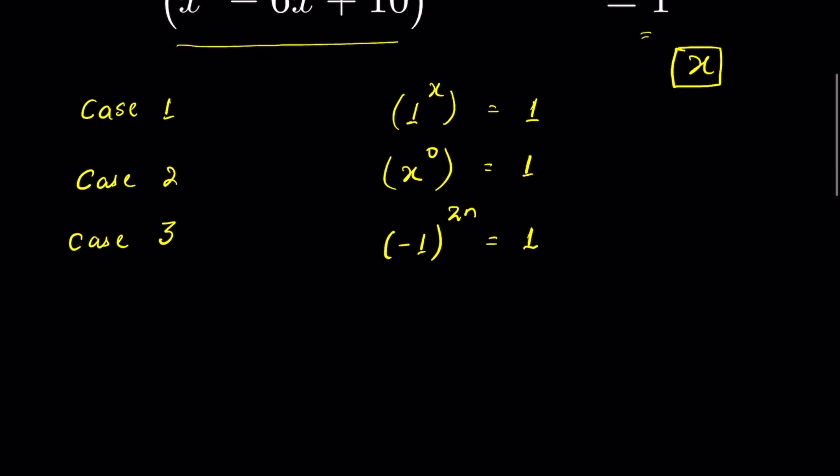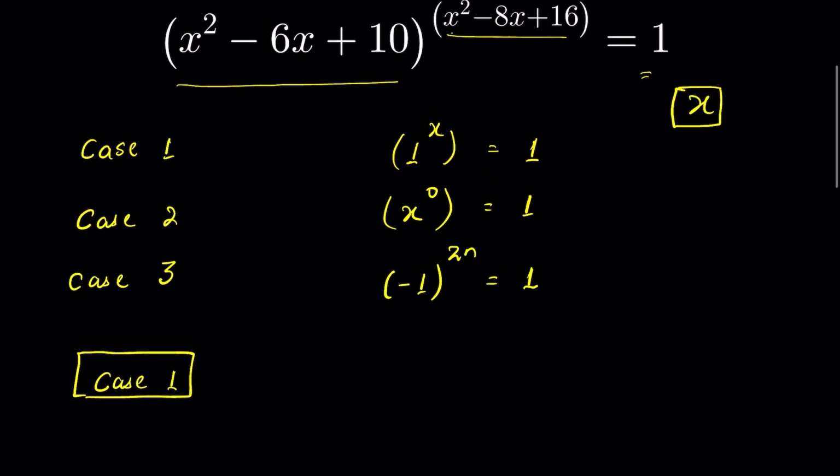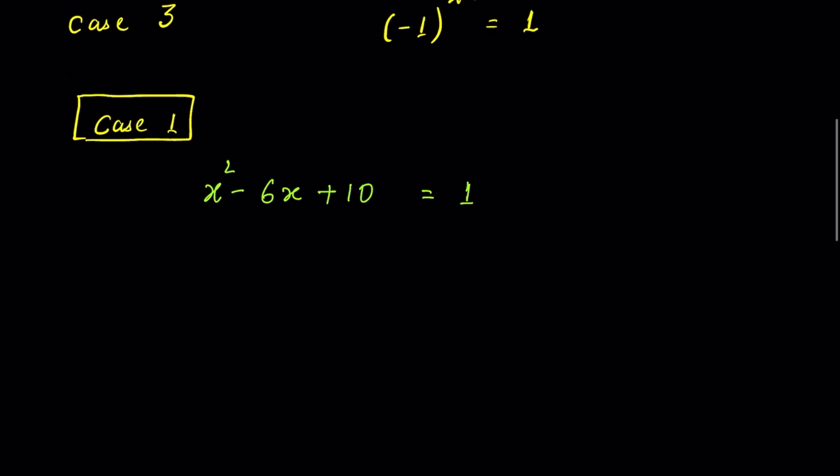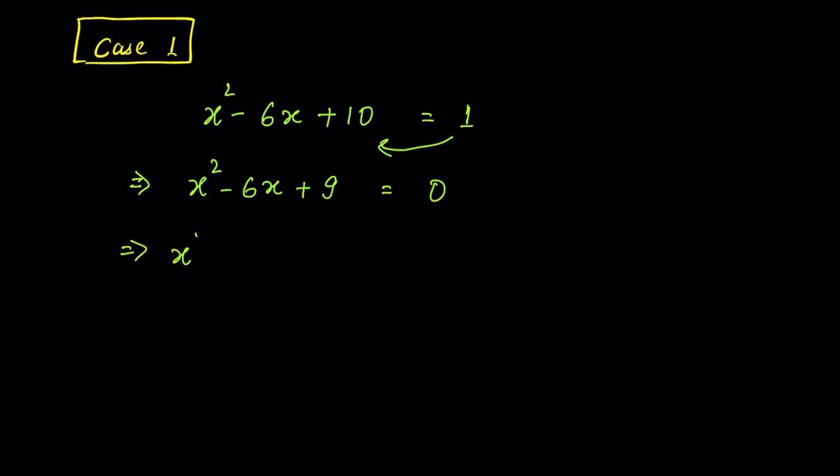Now let's take case 1 where the base is 1. In that case, x² − 6x + 10 equals 1 because the exponent doesn't matter here. Now let's factorize it. Taking 1 to the left-hand side, x² − 6x + 9 equals 0.